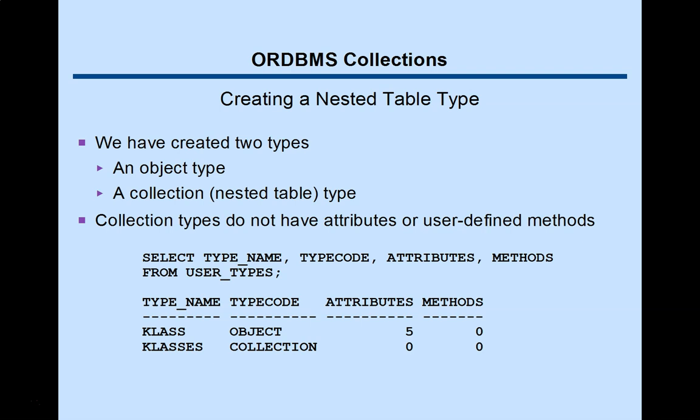Note that for the attributes, we see 0 attributes for classes, but we also see 0 methods. Recall that we're emphasizing there are no user-defined methods, but there are methods that are created by the system, which are predefined or pre-built functions or procedures that can be used to operate on collection objects. Those are not reflected here in the method count.